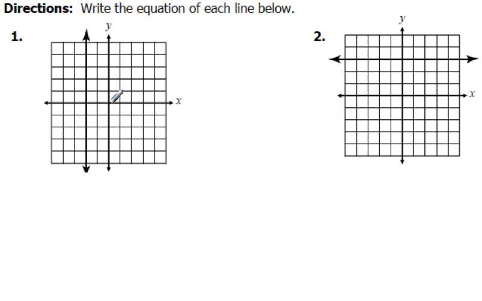So if we start at the origin and go to the left, 1, 2, we're moving along the x-axis, so that means every point on this line is going to equal -2. So the equation would be x equals -2.